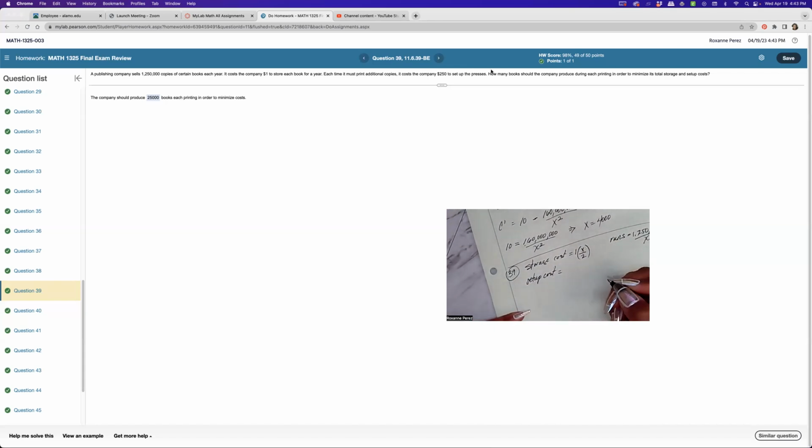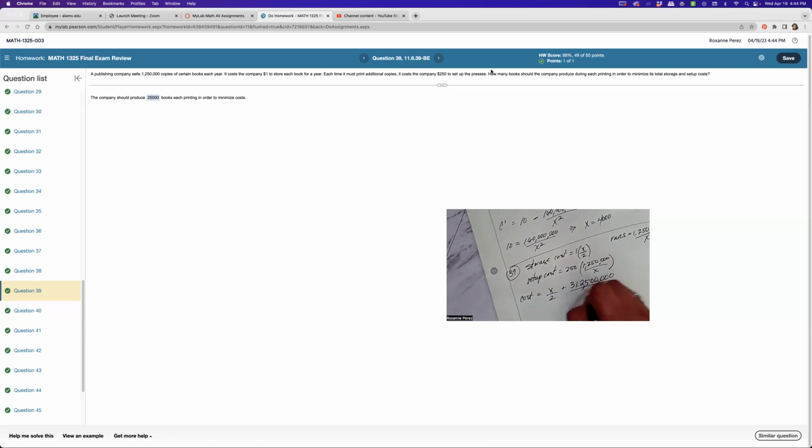Their setup cost is 250 times 1,250,000 over X, the number of runs. So their cost function is X over 2 plus a massive number, 312,500,000 over X.